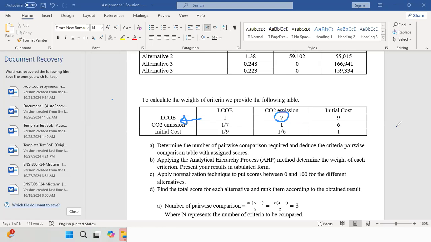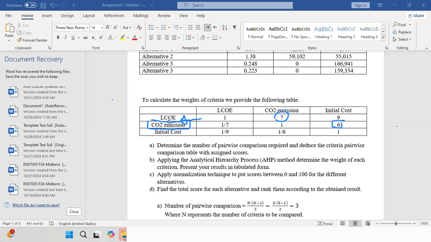Okay. So now the remaining question to ask: once we are done with the comparison of LCOE with CO2 and with initial cost, we move to the second criterion, and we just have to ask one additional question, which is CO2 compared to initial cost. And also here the score is larger than 1.